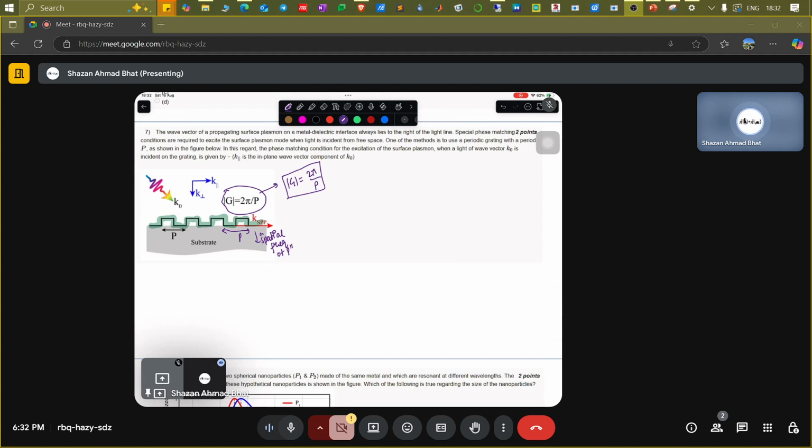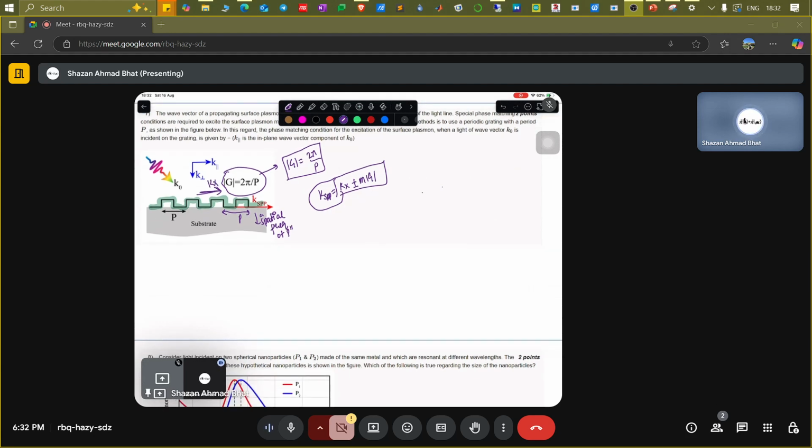Okay. So now that is going to have an impact on the overall k. The overall k will be kx plus or minus m times g. So the overall k SPP will be equivalent to the k in this direction plus the momentum that comes from the spatial part of this grating.